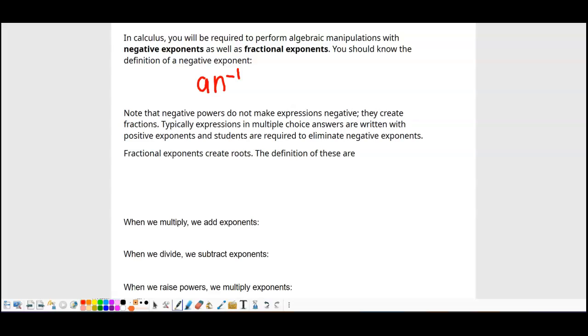So a times n to the negative 1 is equivalent to a over n. So anytime you have a negative exponent, that exponent can be rewritten in the denominator as a positive exponent. One of the mistakes I saw we make is that typically we take the a with us. Well, that a isn't raised to a negative power, so the a stays in the numerator. It does not follow the variable.